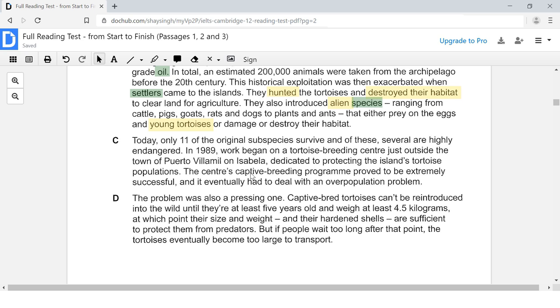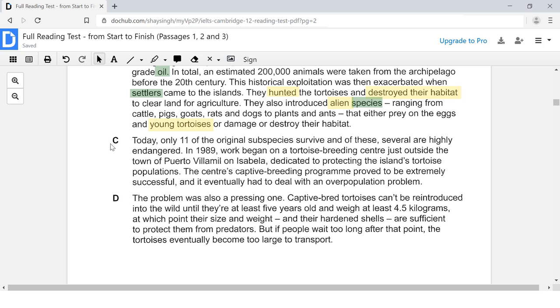Rather, the headings question is asking you about the main idea of the paragraph. What is the main idea, the gist of that paragraph? And the way to find out the gist or the main idea is just by reading the first and the second sentence and maybe the last sentence of the paragraph, and that will tell you everything that you need to know about what this paragraph is about.